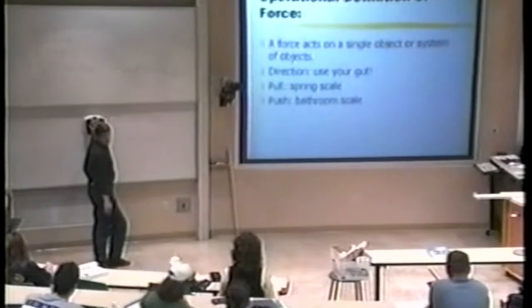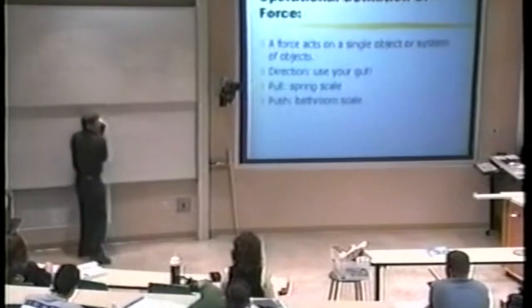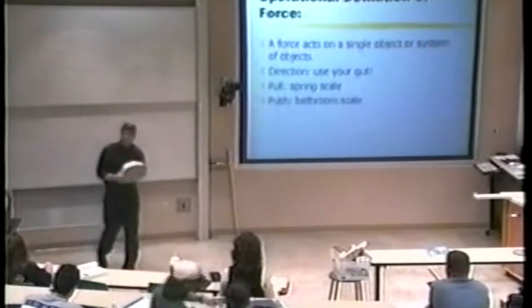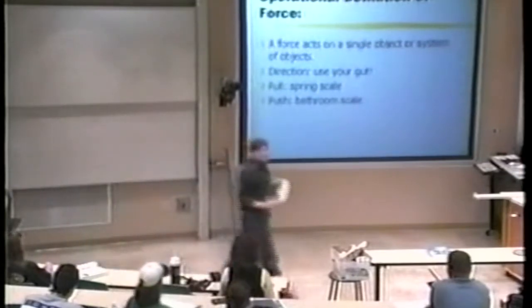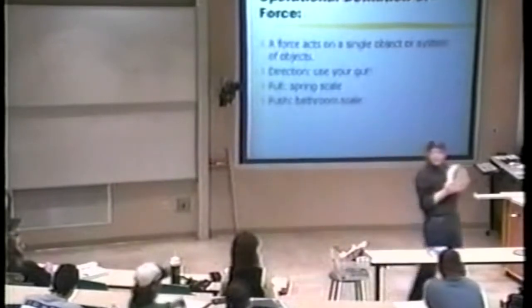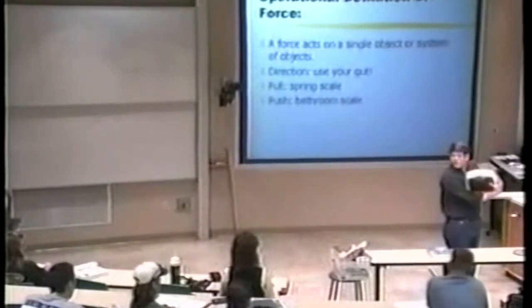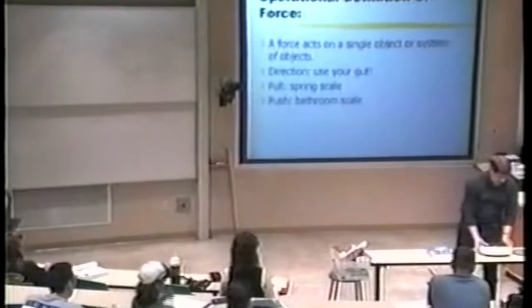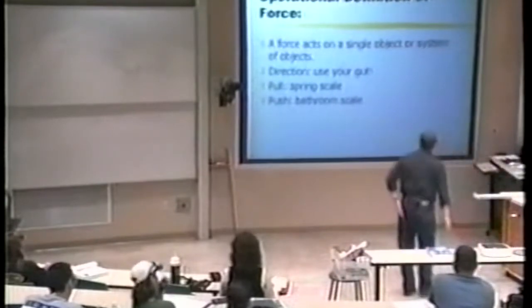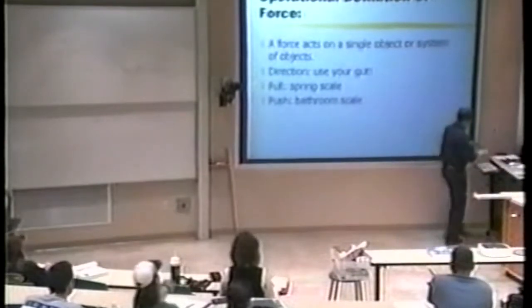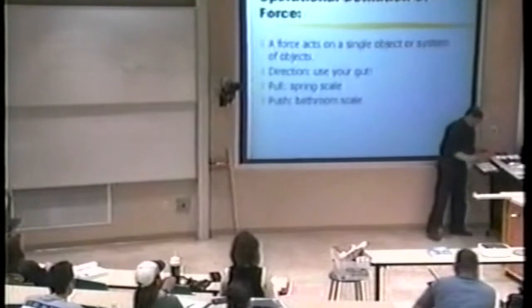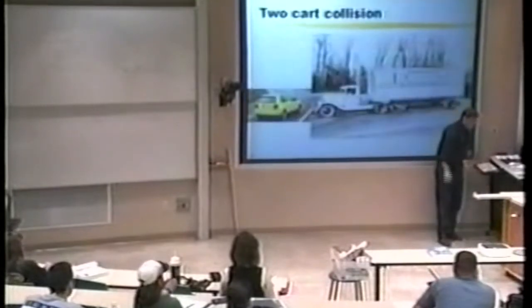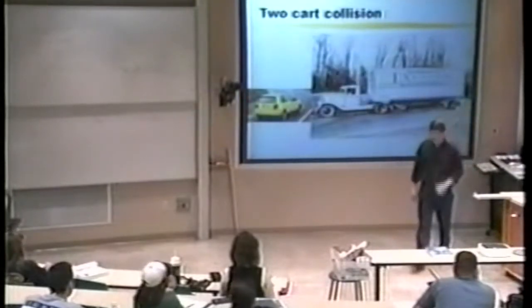What would the wall then read? 32. Yeah, that's not much of a stretch. Okay, I think your gut tells you that it's going to read 32, whether it's facing towards me or whether it's facing the other way. And that is going to be very important when we talk about collisions.